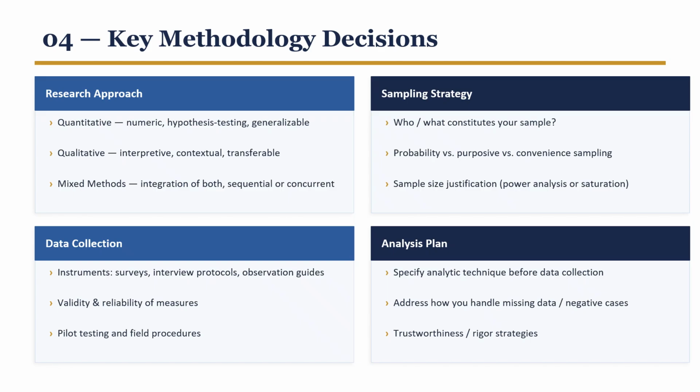Qualitative is more interpretive. It's contextual, right? It's within that context that it matters. And we can say that it's transferable to other contexts, but it's not generalizable to a larger population. A quantitative method might be survey data, quasi-experimental, correlational studies, causal correlational studies.